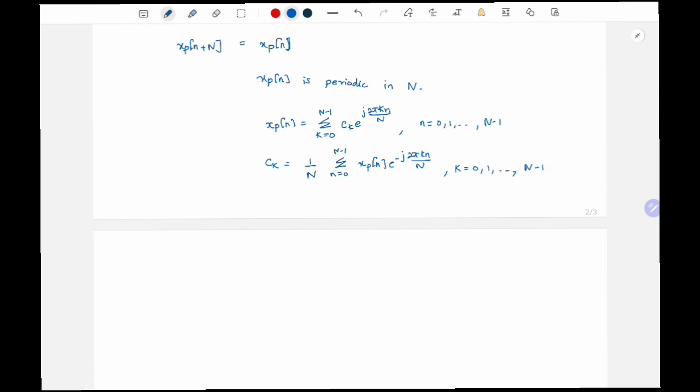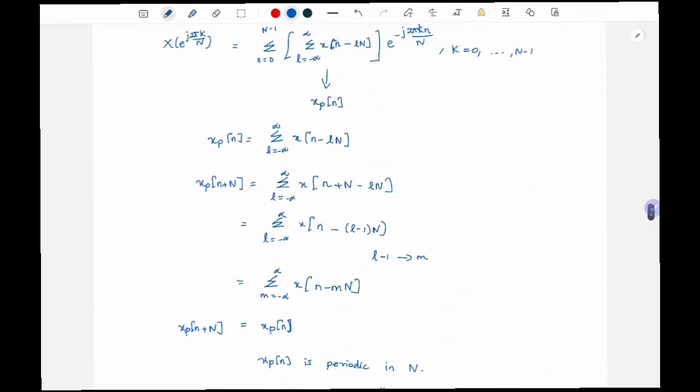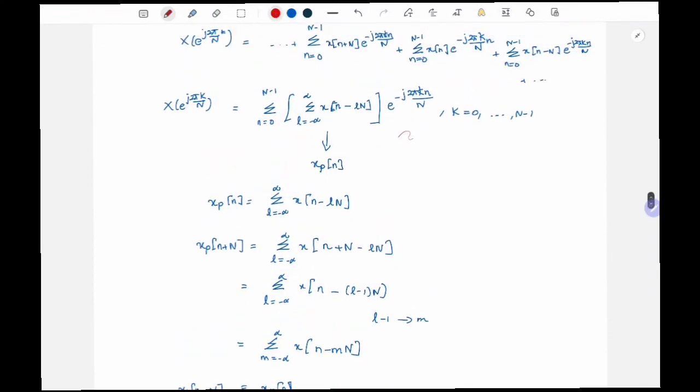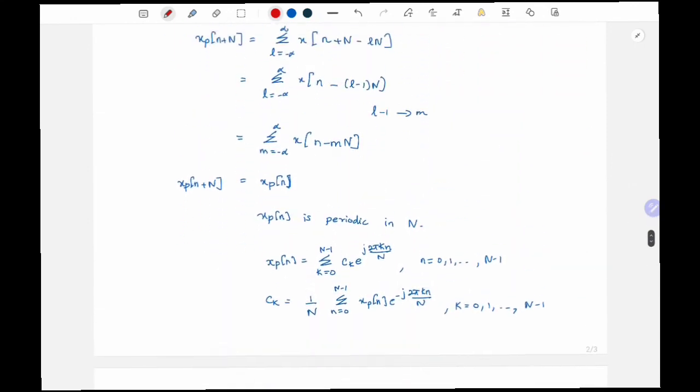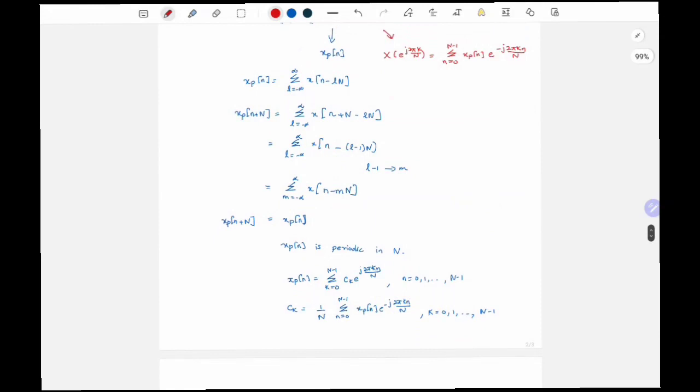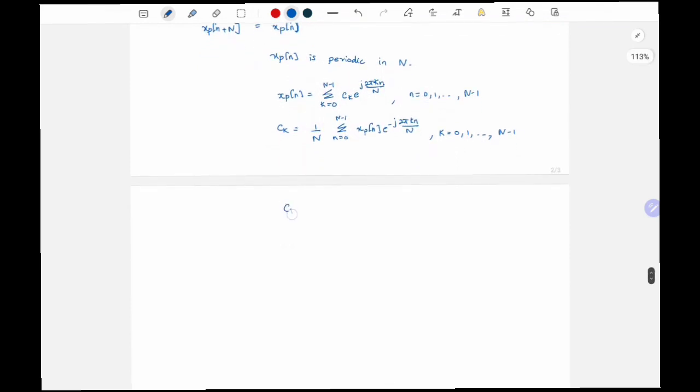But if you compare this with this thing, so this thing is nothing but X of e power j 2 pi k by N is equal to summation n equal to 0 to N minus 1 xp of n e power minus j 2 pi k n by N. So if you compare this and this thing, what is the only difference you can see? Only it is a factor of 1 by N. Other than that, everything is the same. So ck is nothing but 1 by N X of e power j 2 pi k by N.